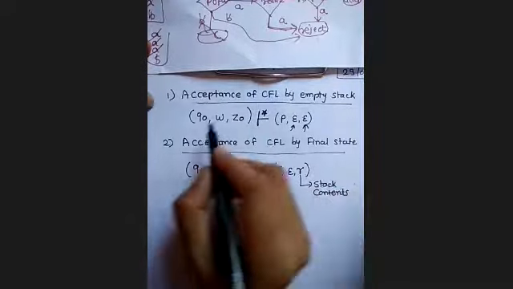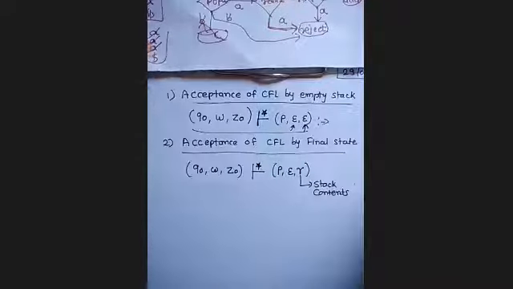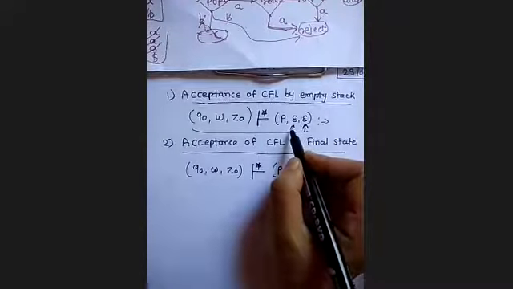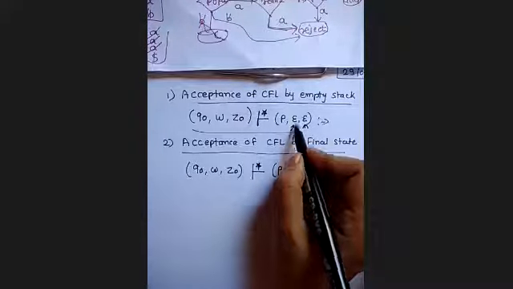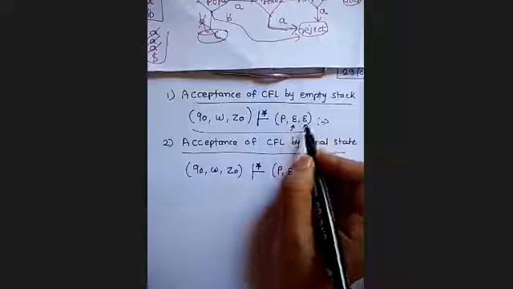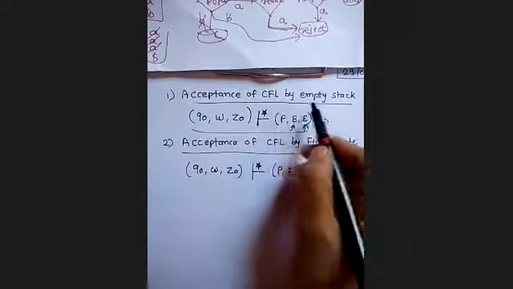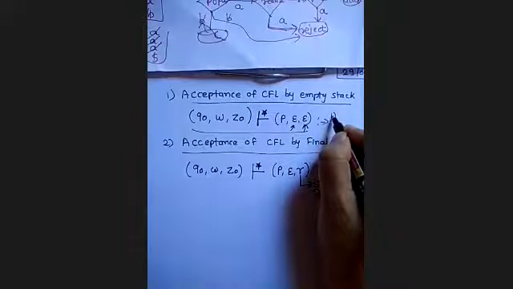About the first point, please write down what we have written. In one or more steps, if we reach the state in which the input has ended and the stack is also empty, then it is known as acceptance of CFL by empty stack.